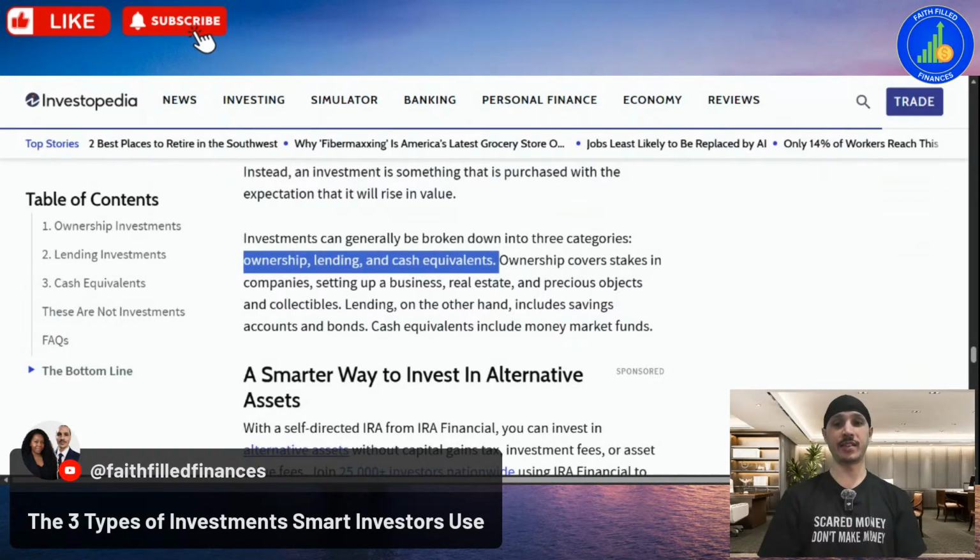Ownership covers stakes in companies, setting up a business, real estate, and precious objects and collectibles. Lending, on the other hand, includes savings accounts and bonds. Cash equivalents include money market funds.